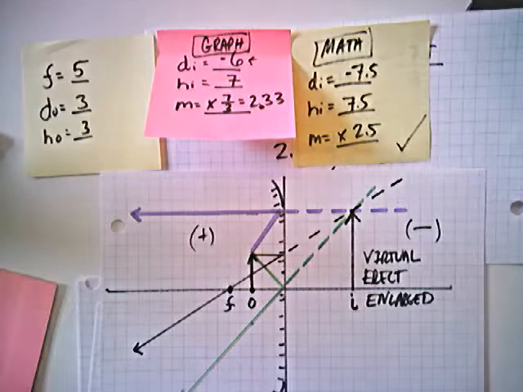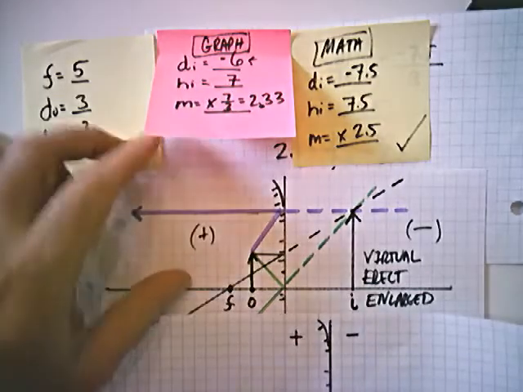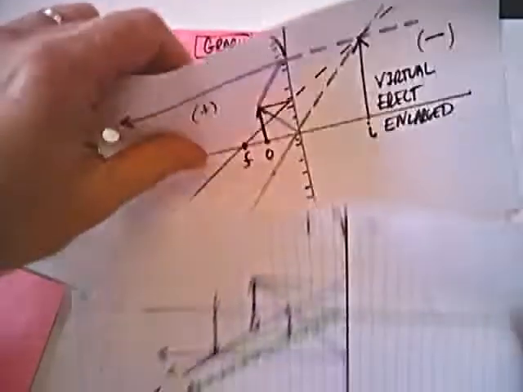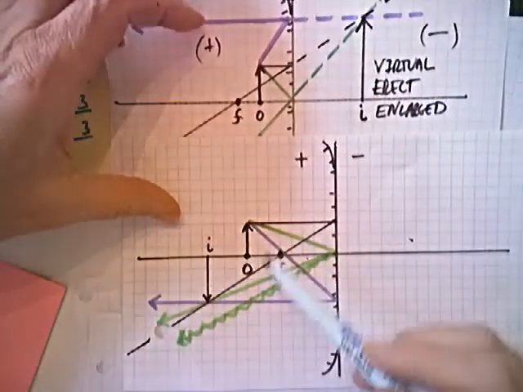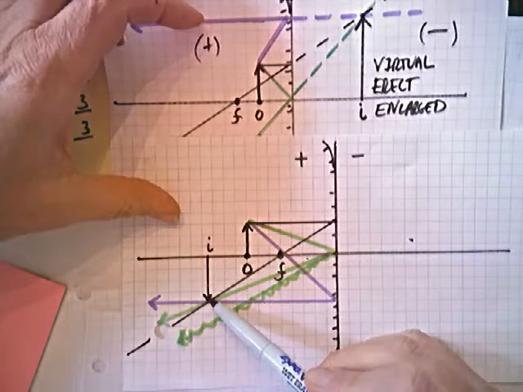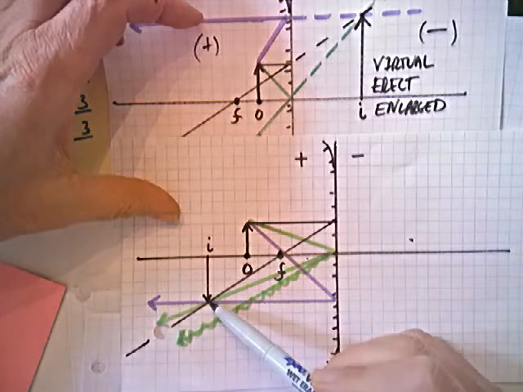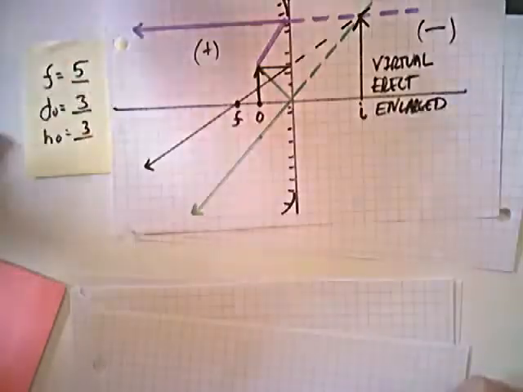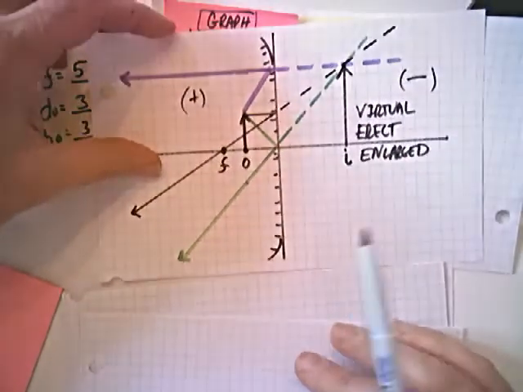Now, let me see if I can find what we did last time. And let's make a comparison here. So this was when the object was behind the focal point. See the image here? It is real. It was enlarged and it was inverted. And then when we move the object in front of the focal point, notice the change.